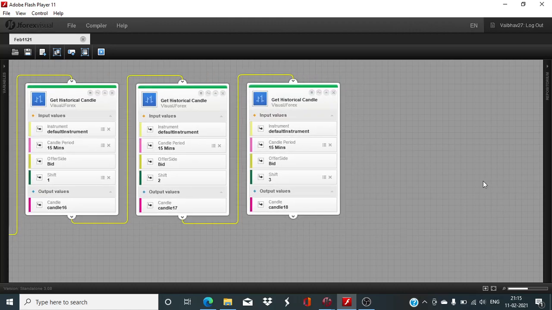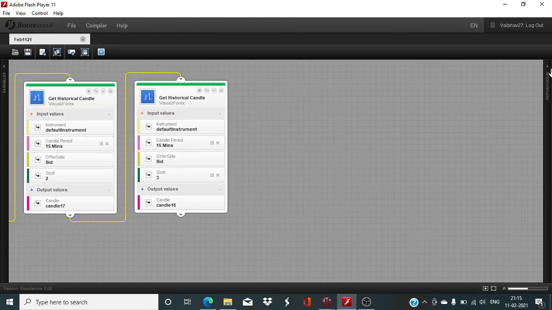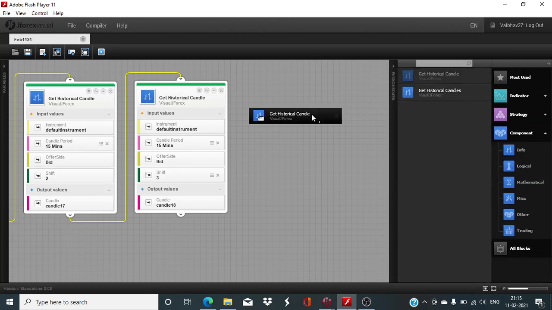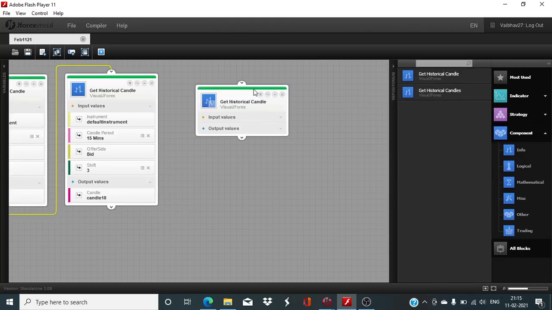To make the entry precise, I also need to get historical candles of 10 seconds.